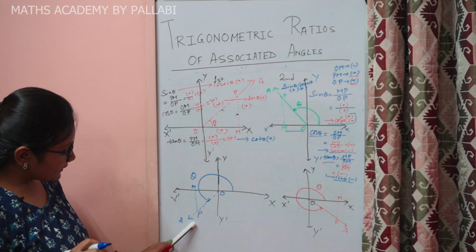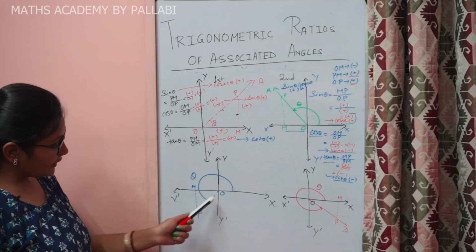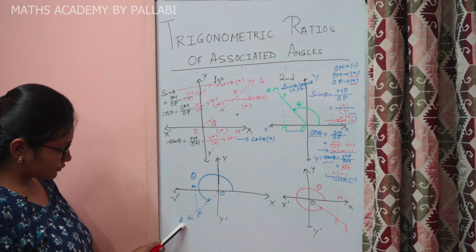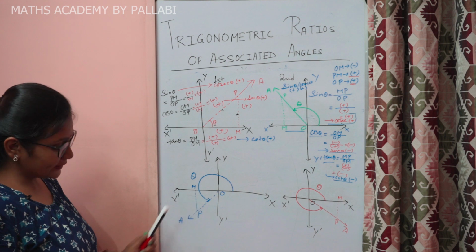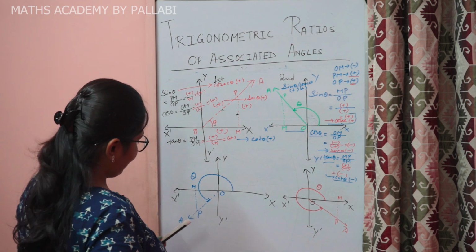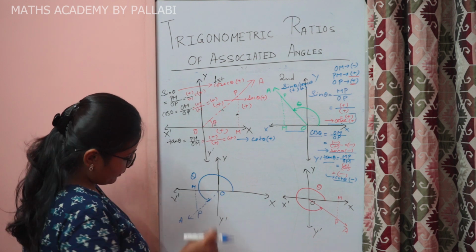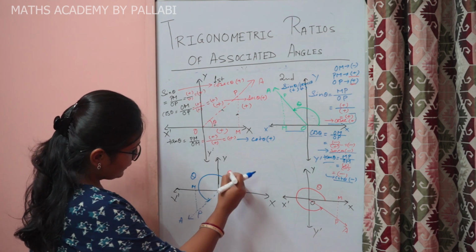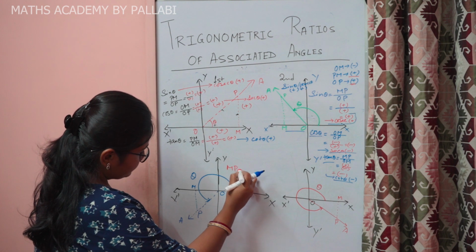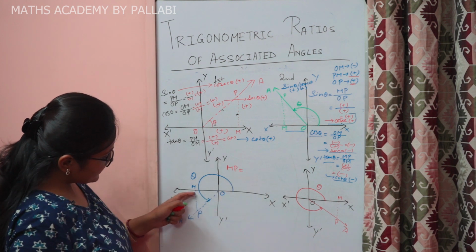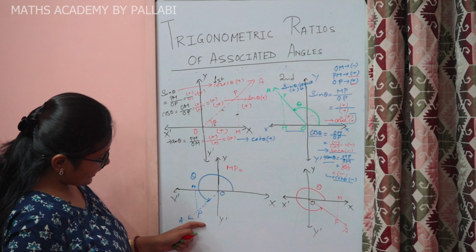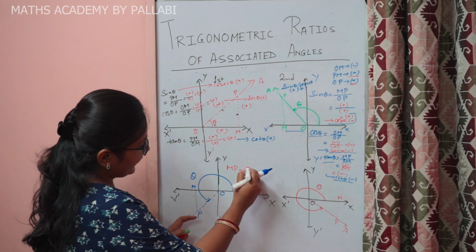Now come to the third quadrant. If the rotating line OA lies in the third quadrant, what will happen? Your perpendicular will be MP, which is the lower part of the y axis, so it is negative.